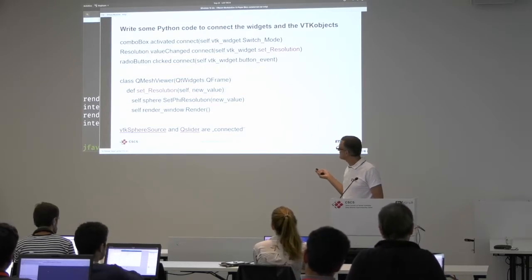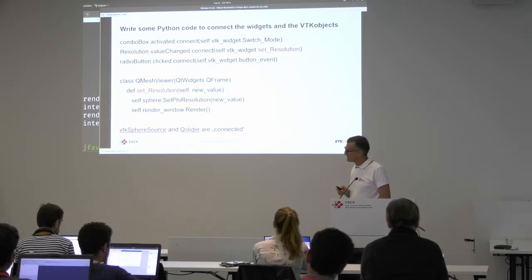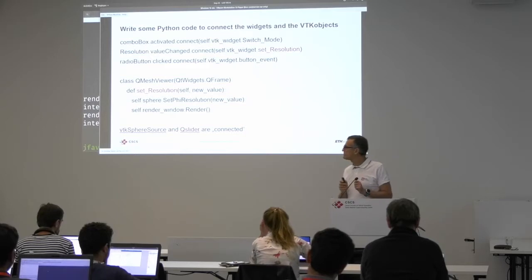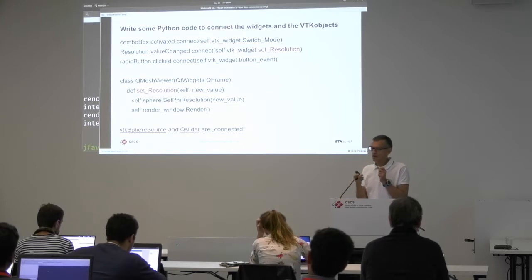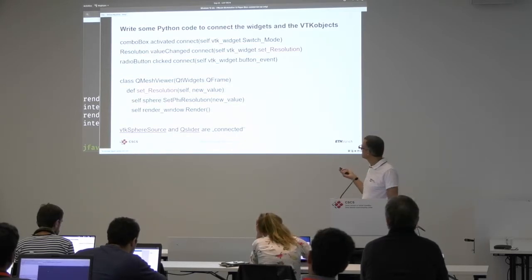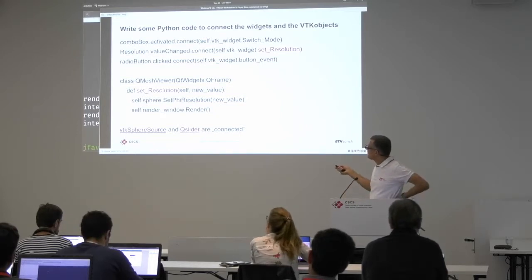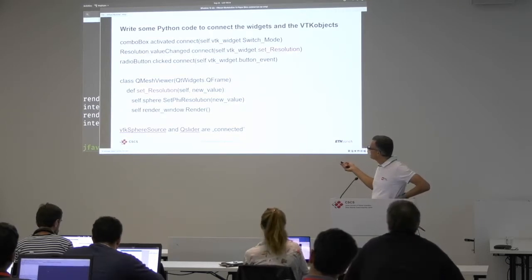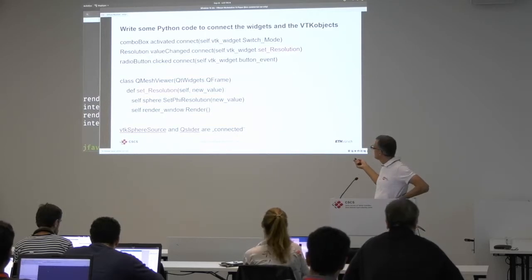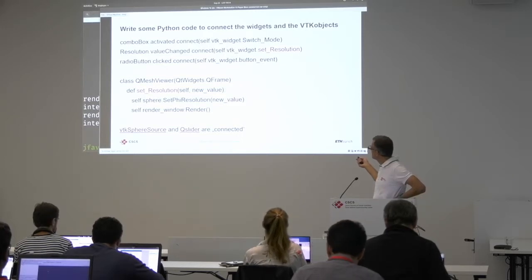Those are fixed names: clicked, value changed, activated. They are part of the API of the Qt widgets. So basically, connecting them to our pipeline is done through some callback methods. For example, for the resolution slider here, I connect that particular signal, value changed, to a method called set resolution.